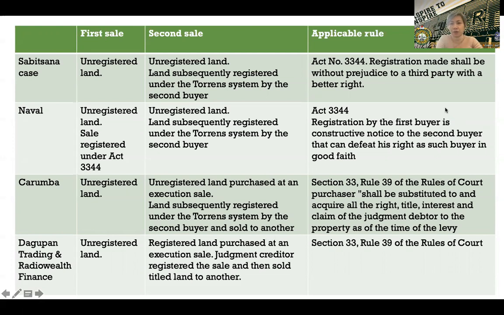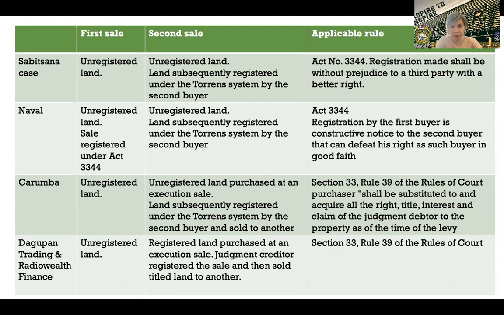Registration made shall be without prejudice to a third party with a better right. The Naval case, guys, unregistered land ang first sale, but sale was registered under Act 3344. Second sale, unregistered gihapon, but subsequently registered under the Torrens system by the second buyer. So, applicable rule, Act 3344 gihapon.